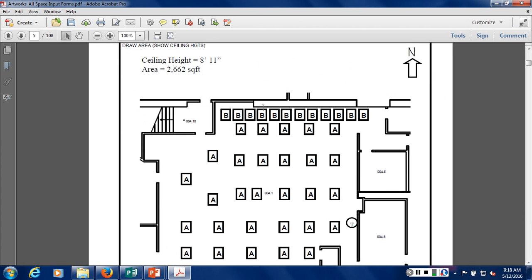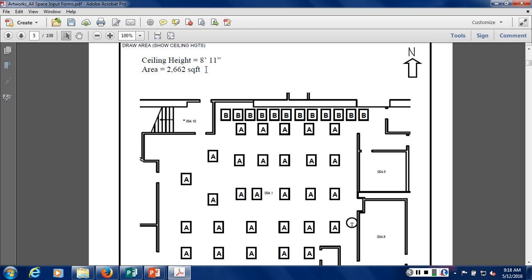Within this space down here is where somebody will take the time to field draw the building. In this case, somebody had a set of blueprints ahead of time and simply used a screen capture and snapped the basic footprint onto the data collection sheet ahead of time. This is also very handy. You'll notice that they took the ceiling height.